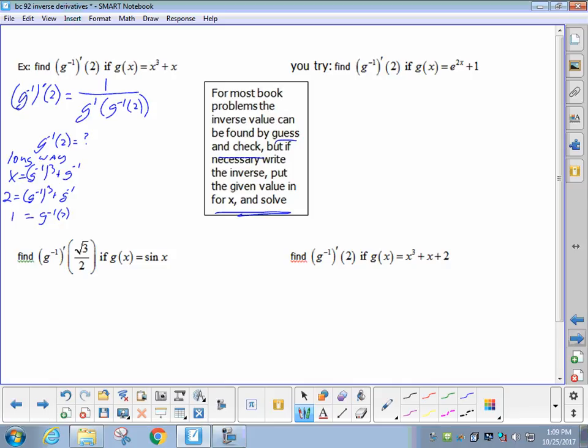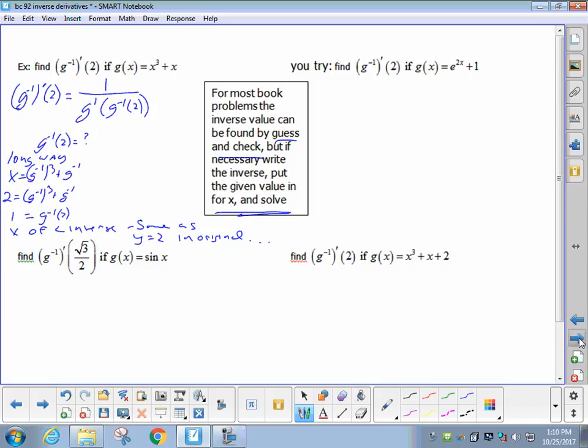So g inverse at 2 would have to equal 1. Now, rather than do all that stuff, saying an x of 2 on the inverse, isn't an x of 2 on the inverse the same as y of 2 in the original? You with me? Either way, I'm looking at what I get when I cube something plus itself equals 2.